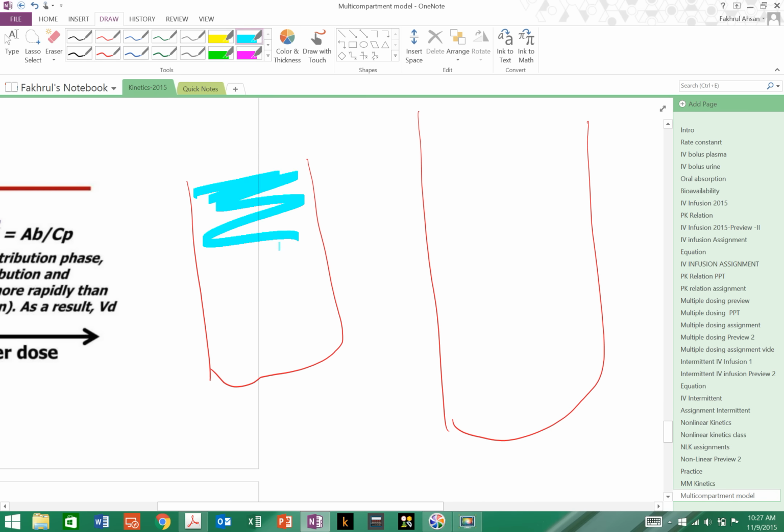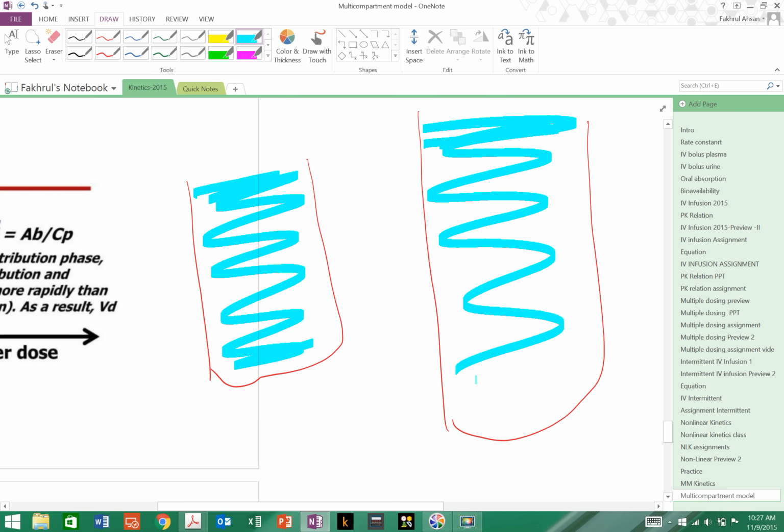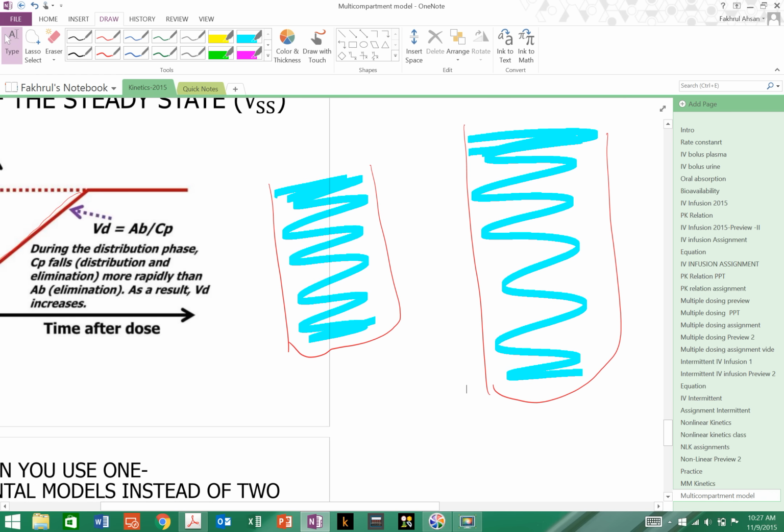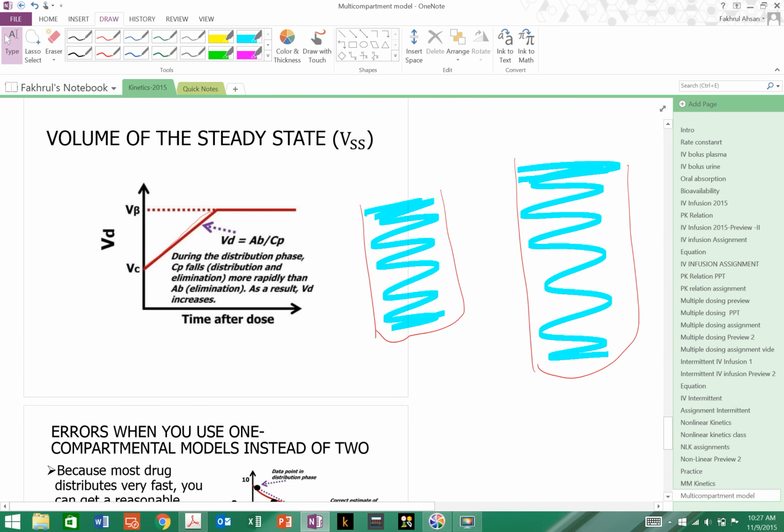This is the volume of the central compartment, and this is the volume of the tissue compartment. It is always higher. So with time, the central compartment volume increases and it becomes this.